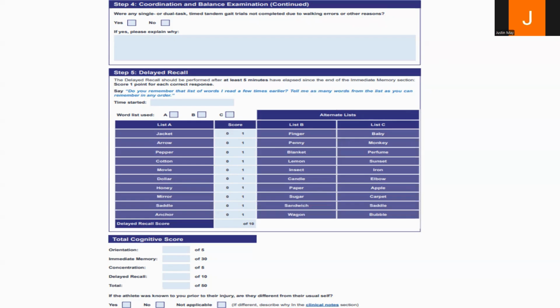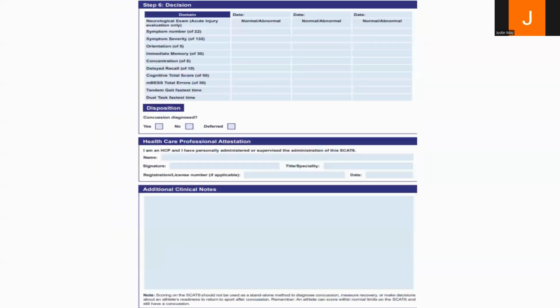And we'll be able to then score everything as a total. So orientation out of 5, immediate memory out of 30, concentration out of 5, delayed recall 10, and then get a score of 50. And then we'll finally be brought down to the decision, taking all of the symptoms into account, all the scoring into account, and deciding if there's going to be a concussion diagnosed.